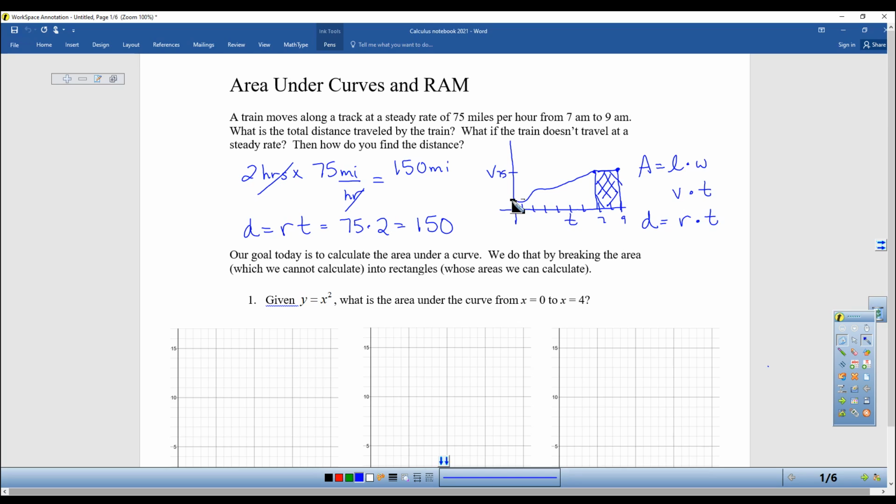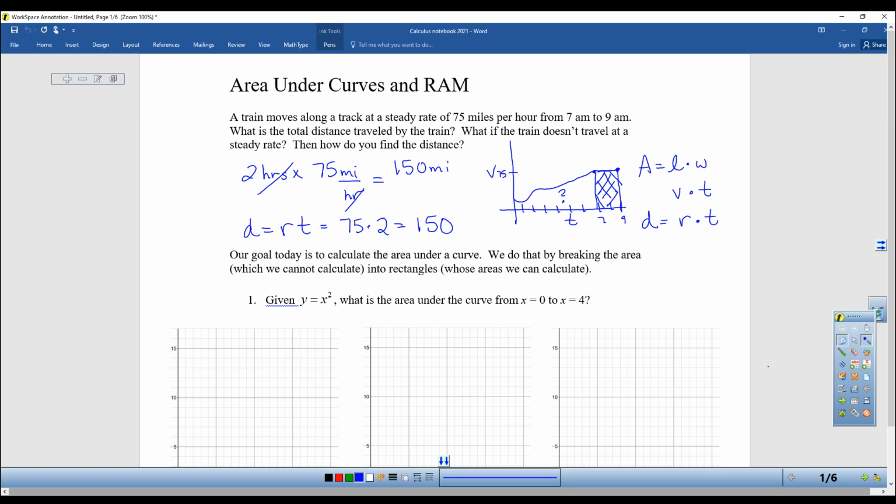The chances are that the train was going a certain velocity, slowed down, maybe it had a little hill or a curve it had to get through, and then it sped back up, and then it slowly increased its velocity until it reached that 75 and stayed constant for a while. So the question we're going to ask is, how do we get this area? How do we get the area under an unknown curve?